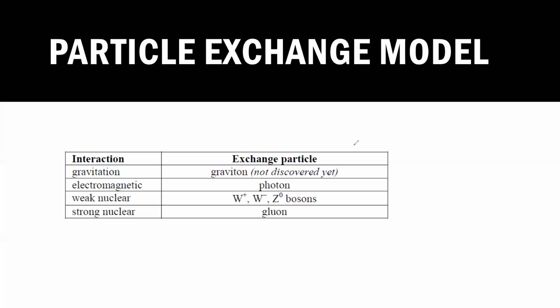And if it's a strong nuclear force, it is gluon. This is how we explain the existence of the force. Other particles like photons, bosons, gluons are discovered, but the graviton is still a theory. Its existence is not practically proved.